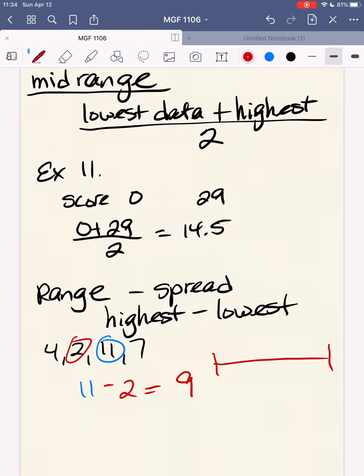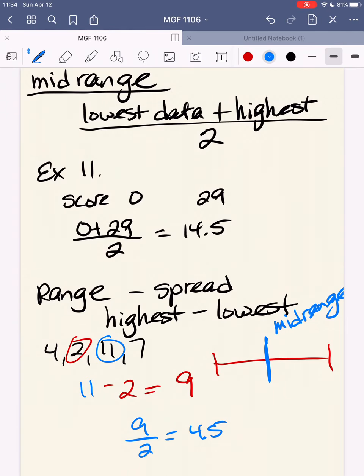My mid-range would be the point in the middle. If I wanted to figure out my mid-range, I would take that 9 and divide it by 2 and get 4.5. So range is the actual spread of data, your lowest value from your highest. Your mid-range is the middle of that.